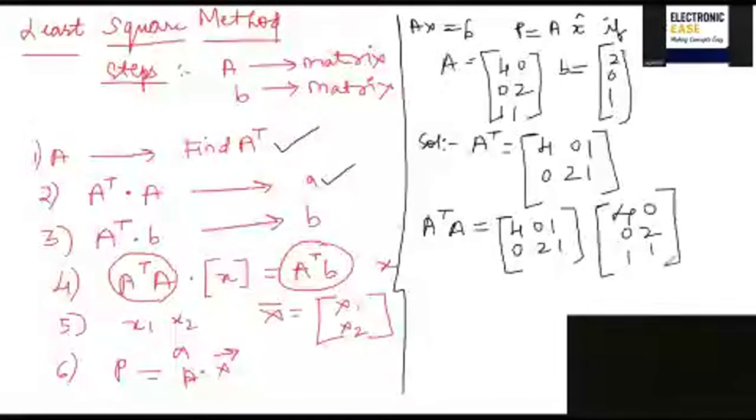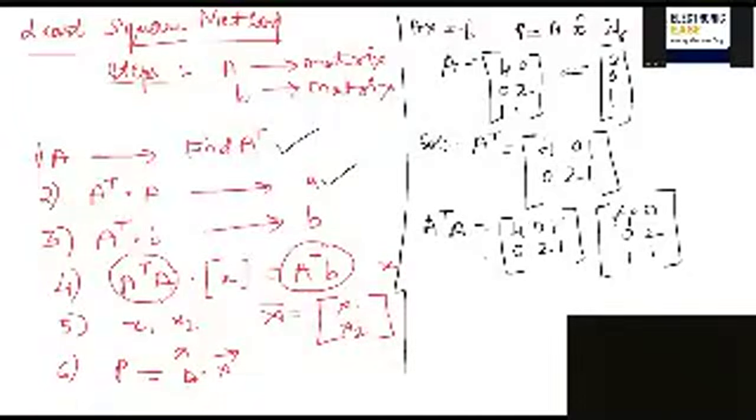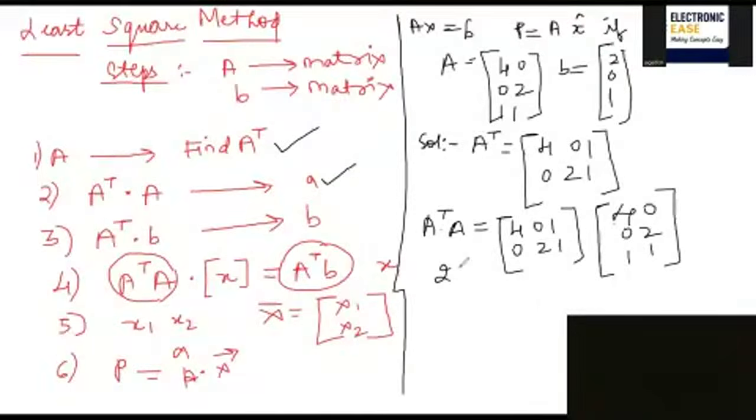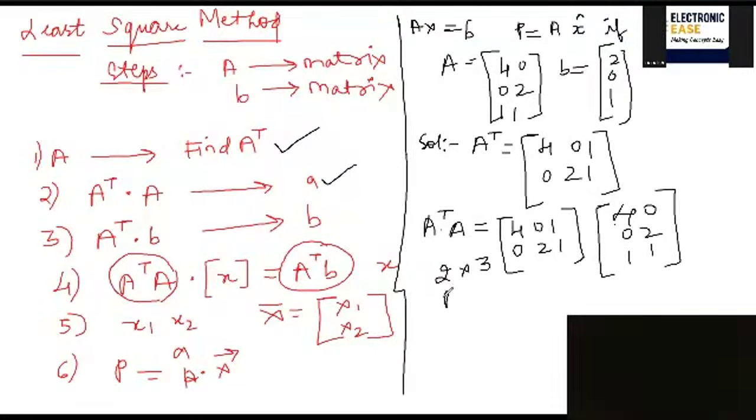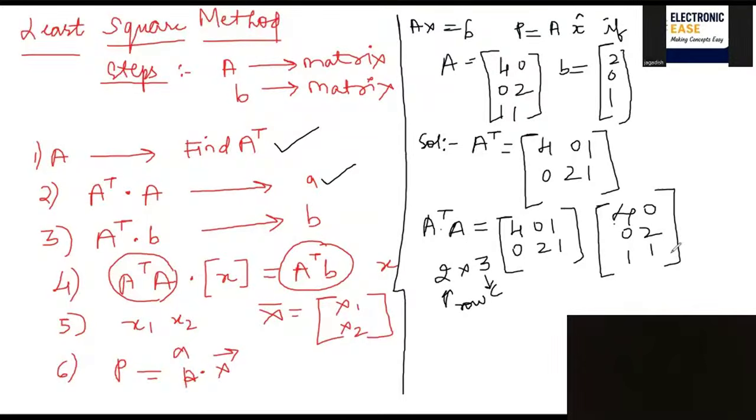Okay, children. So the matrix order is rows into columns. Total number of rows here, how much, children? 2 rows. And 3 columns. So rows and columns is the order of the matrix. Here, tell me the order of the matrix. First, 2 into 3, then 3 into 2.